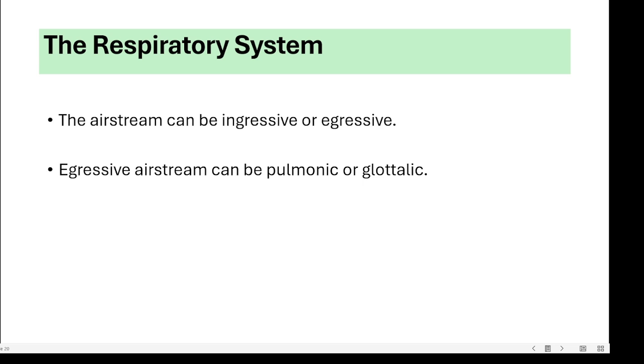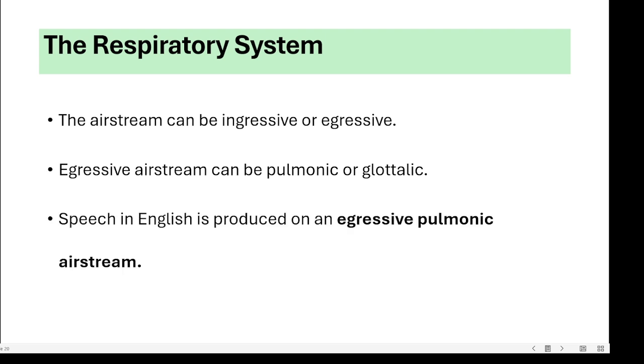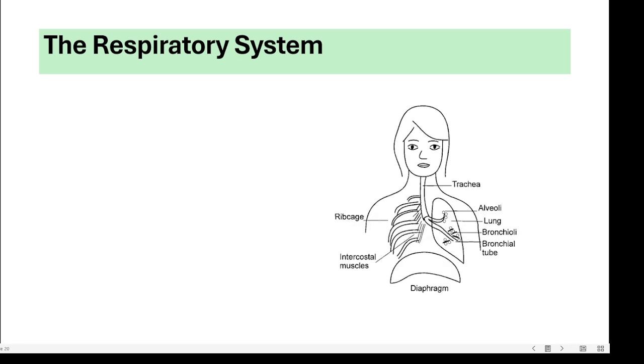It is pulmonic when it originates in the lungs and glottalic when it originates in the glottis. In English, we use egressive pulmonic airstream. This means that we use the air that originates in our lungs and escapes to the outside through our mouth or nose.